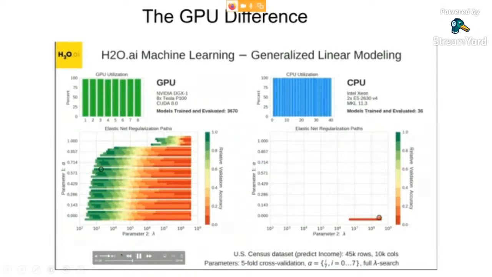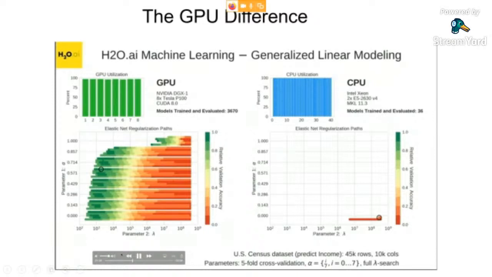To me, this is one great example of the impact that GPUs have on training machine learning and deep learning models, right? Over the same time period, the CPU-only server, with two Intel chips, trained and evaluated 36 models. And what were they trying to do? They were trying to predict income using US Census data.